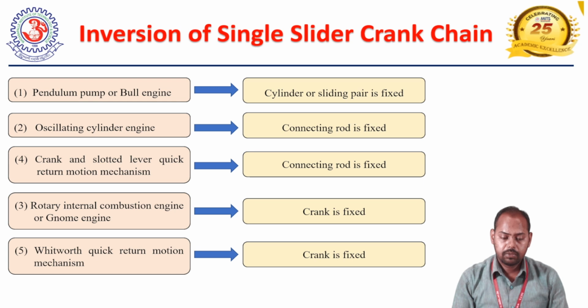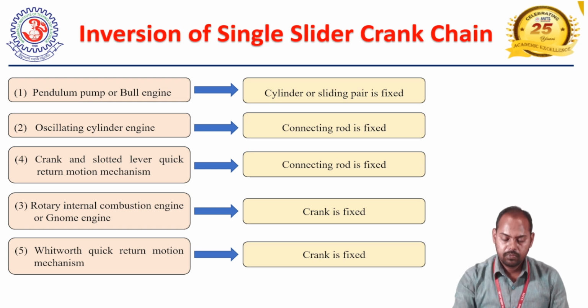Pendulum pump or bull engine we get by fixing the sliding pair, and by fixing the connecting rod we get two types of mechanism: the oscillating cylinder engine, and the crank and slotted lever quick return mechanism. By fixing the crank, we get the rotary internal combustion engine as well as the Whitworth quick return motion mechanism.